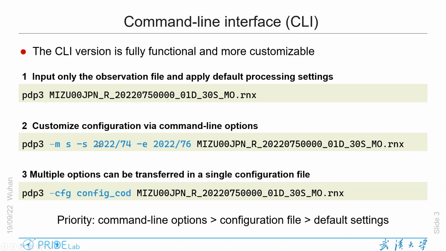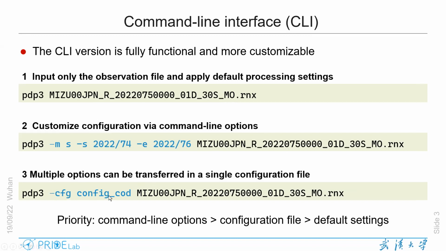The options S and E define the processing time of multiple days, and the program will search for the next observation file automatically. The third way to specify your configurations is to input a configuration file after the option CFG.